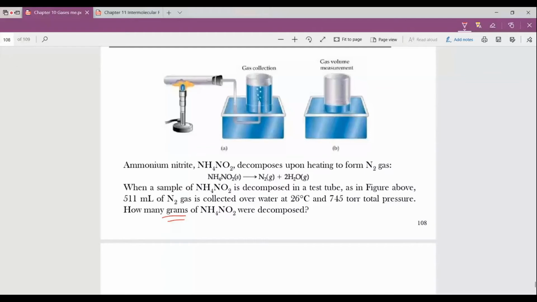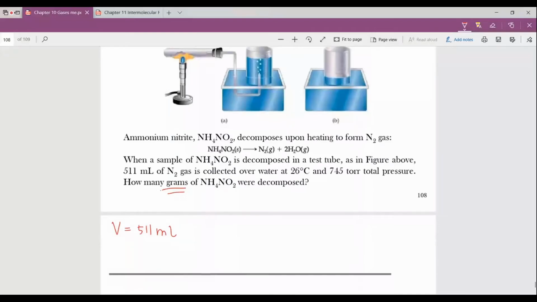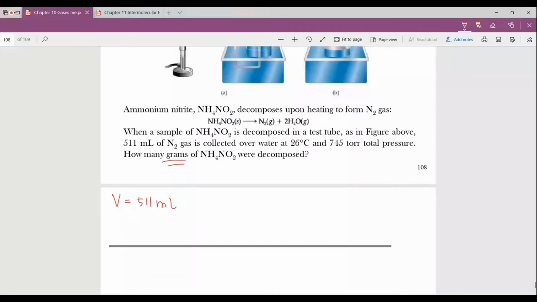Okay, first you need to list the data given here. We have volume 511 ml, and the temperature 26 plus 273.15 in Kelvin. P total equals 745.